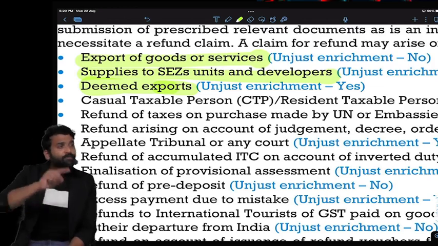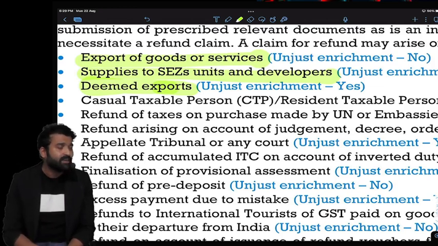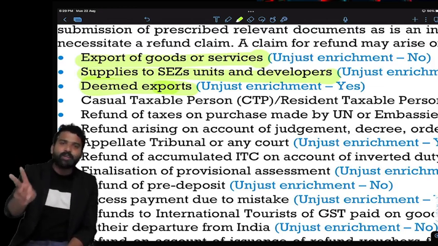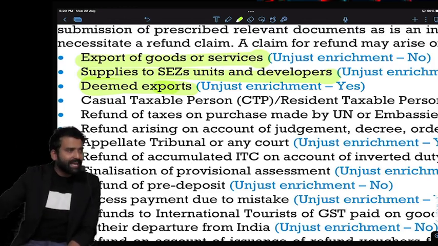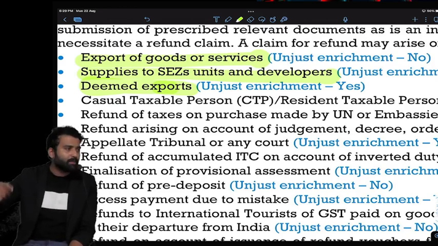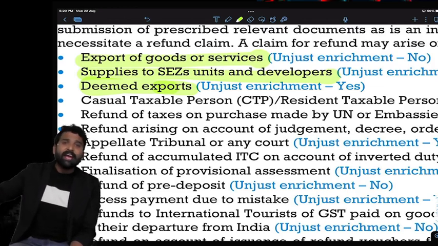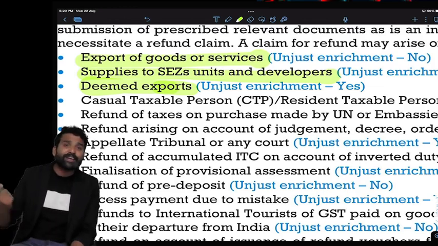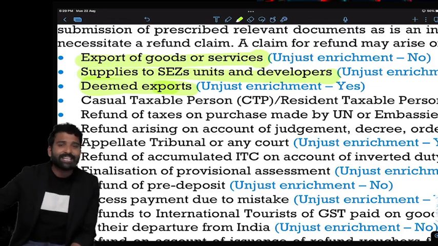That is different from zero rated, because zero rated supply is covered by section 16, that only covers two cases, export and supplies to SEZ. Deemed export means I am supplying in India, but I am supplying to EOU, EHTP, STP, or to a person having a certificate of EPCG or advance authorization.